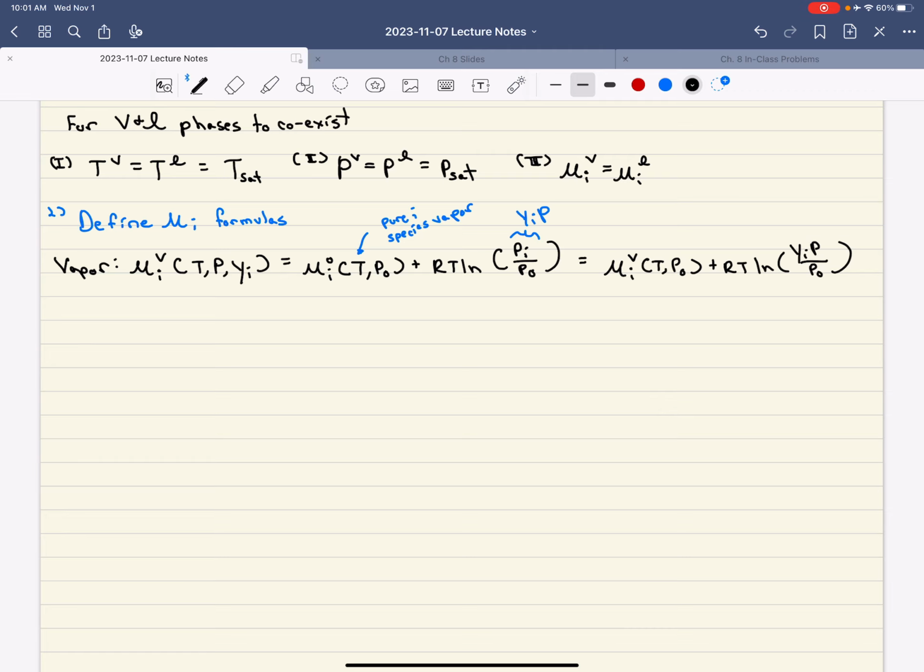For the liquid phase, our chemical potential is written like this: T, P, and now Xi, because we're dealing with a liquid.